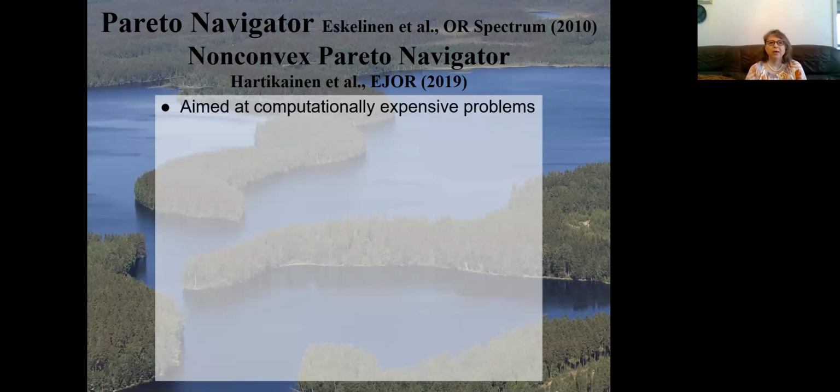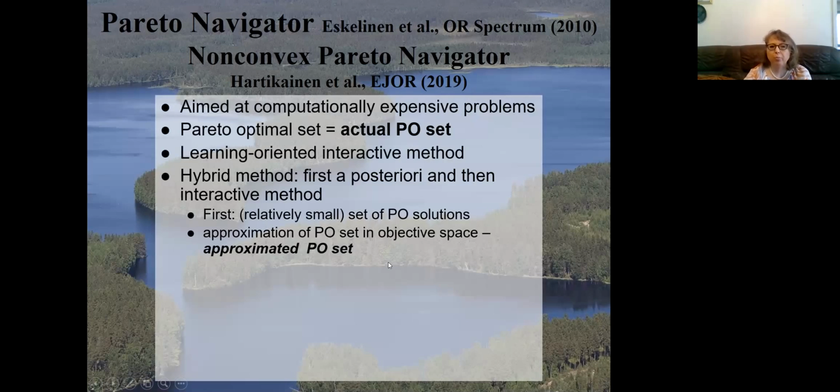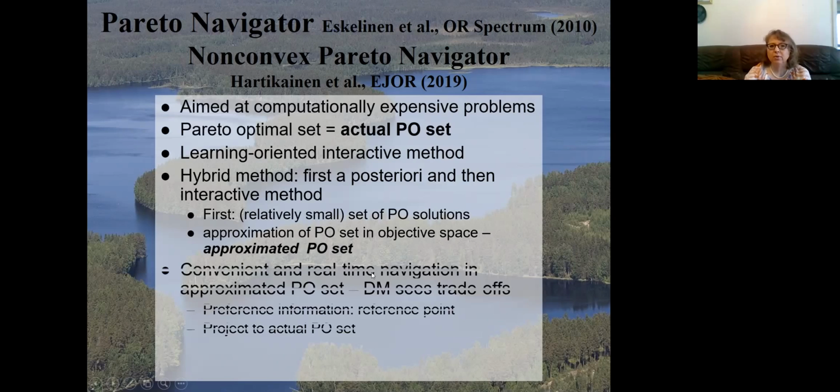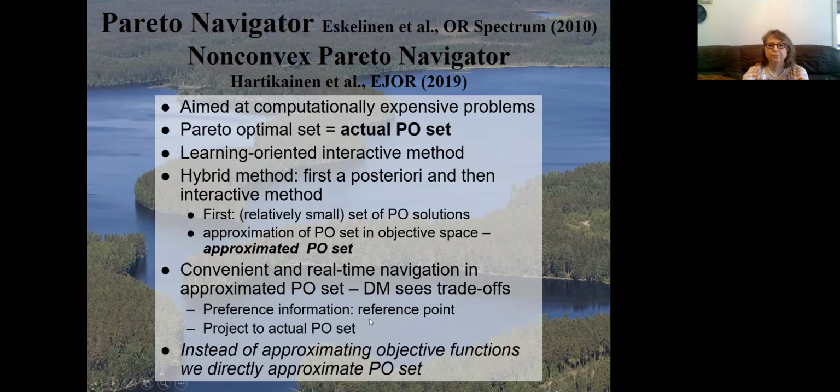One example is navigation-based methods. We have Pareto Navigator and non-convex Pareto Navigator, as the name suggests, for convex and non-convex problems, where we of course have the actual Pareto optimal set, but we also introduce an approximated Pareto optimal set by applying first an a posteriori method and creating an approximation to the Pareto optimal set, which is then something that we can navigate in real time, so that the decision maker sees in real time the trade-offs between the objectives, and one can direct the search with the help of a reference point, so desirable objective function values.